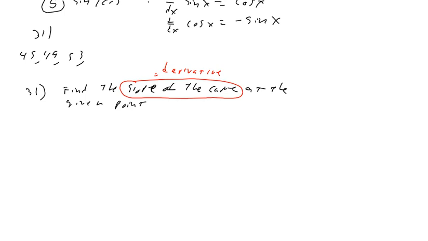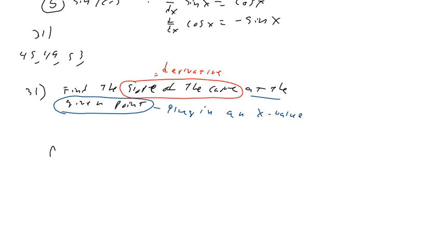When it tells you at the given point, this means you're going to plug in an x value. You're going to be given an x value, and you're going to find the slope at a particular spot. So you find the derivative, and then you plug in an x value. At the given point means plug in an x value. And that's true for all the equations in that section.